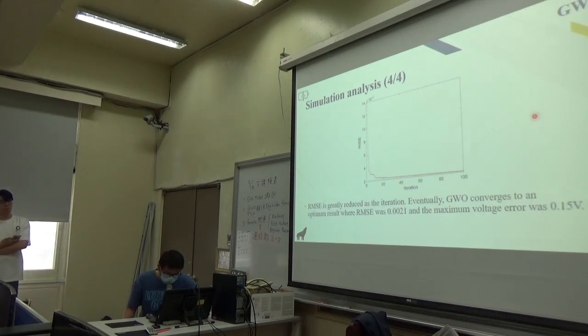where RMSE is greatly reduced as the iterations proceed. Definitely, GWO converges to the optimized result, where RMSE was 0.0021 and the maximum voltage error was 0.15.